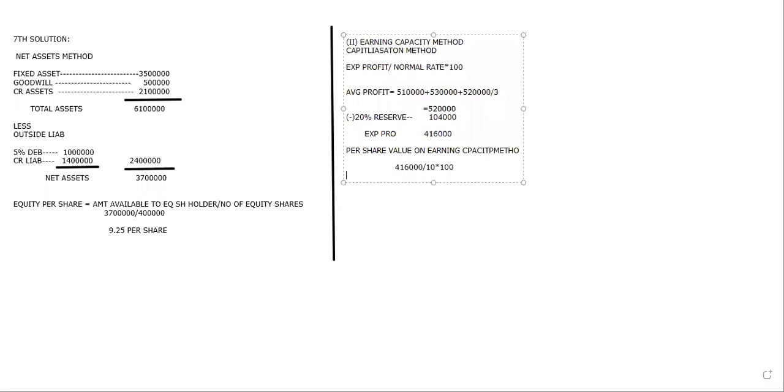You will get 41,60,000. Now simply divide: per share value is equal to 41,60,000 divided by the number of shares, 4 lakhs.